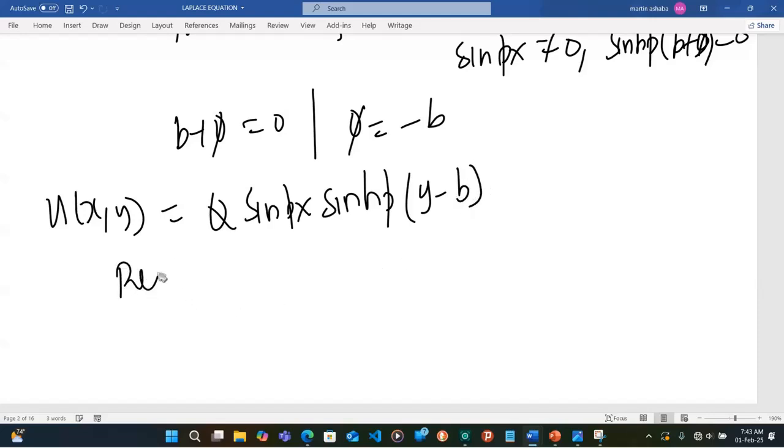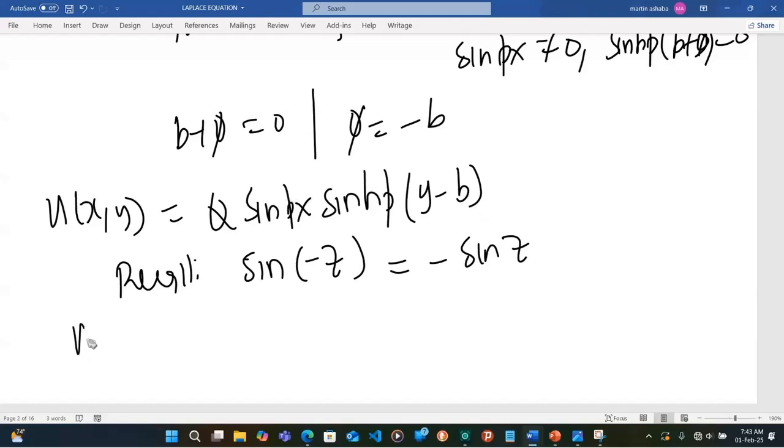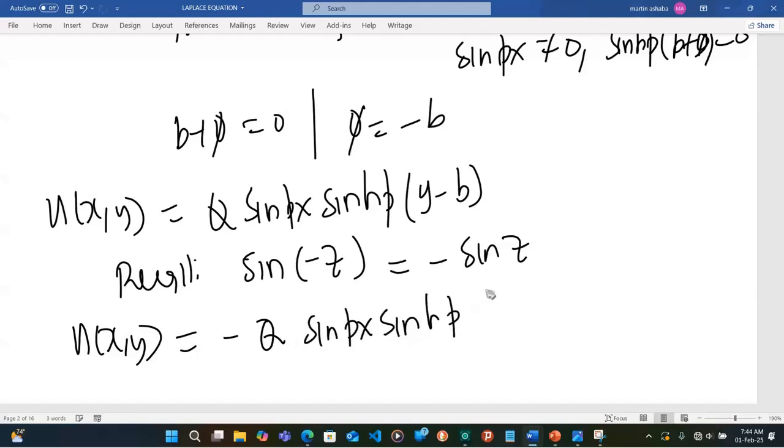But you recall the fact that for odd functions, for example, the sine of negative z is the same as negative sine z. So if I use the same simplification, I can say u(x,y) is equal to negative Q, then sin px, then the hyperbolic sine p of b minus y.